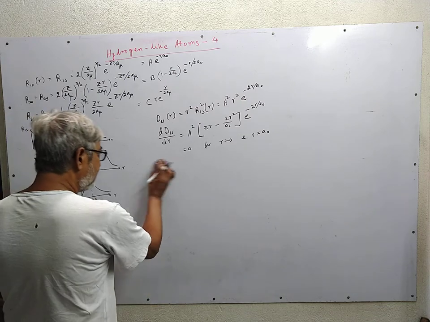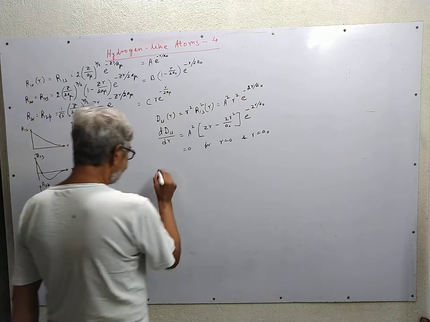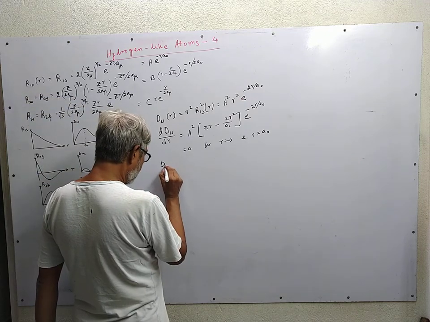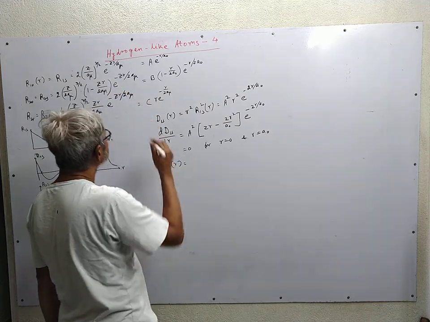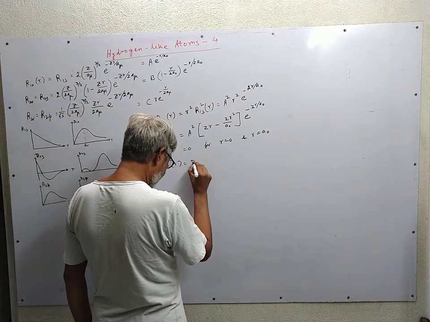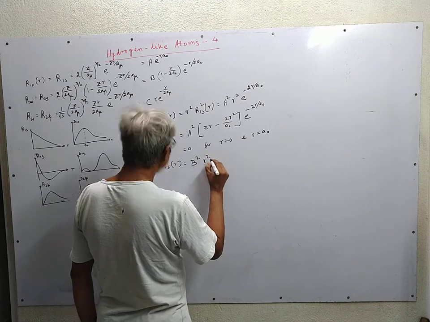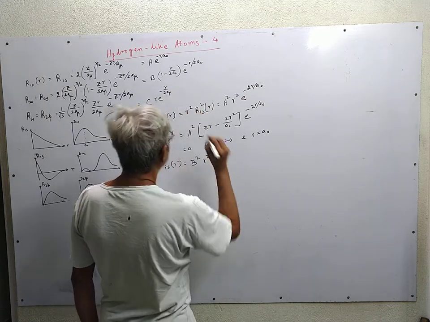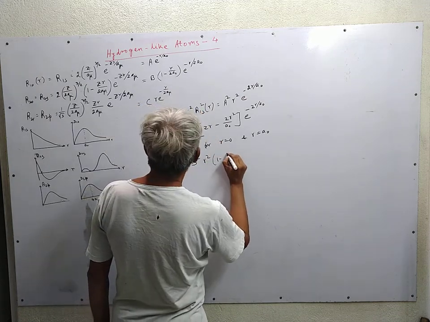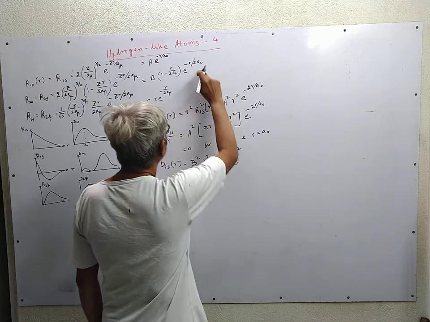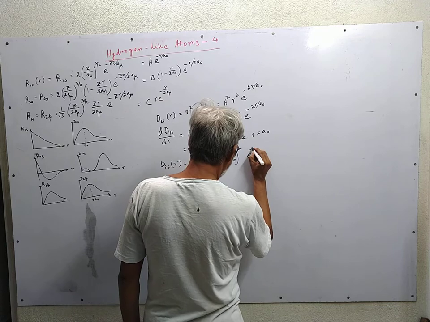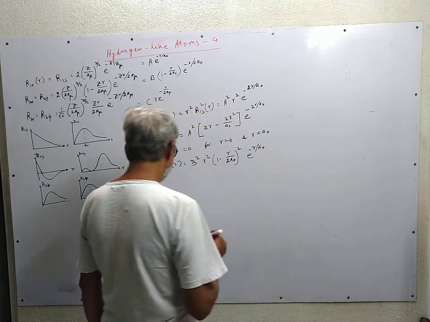Now coming to the 2s state. The calculation for 2s is slightly involved because it has b squared r squared and then 1 minus r by twice a0 squared, and this part is r by a0.